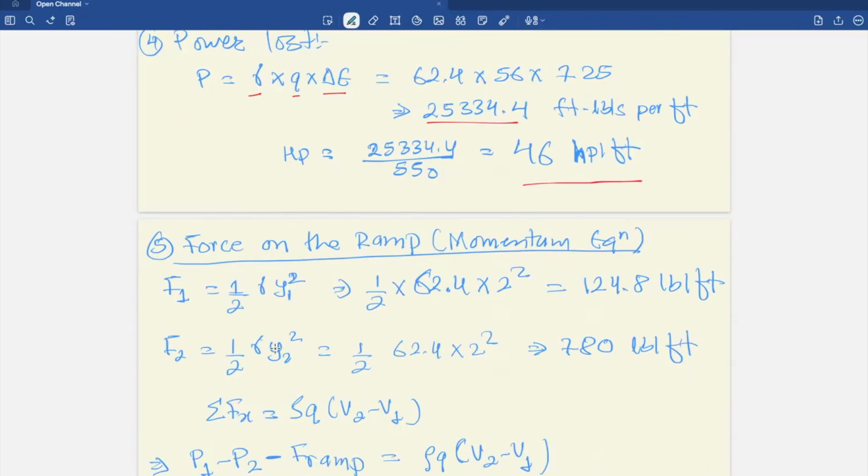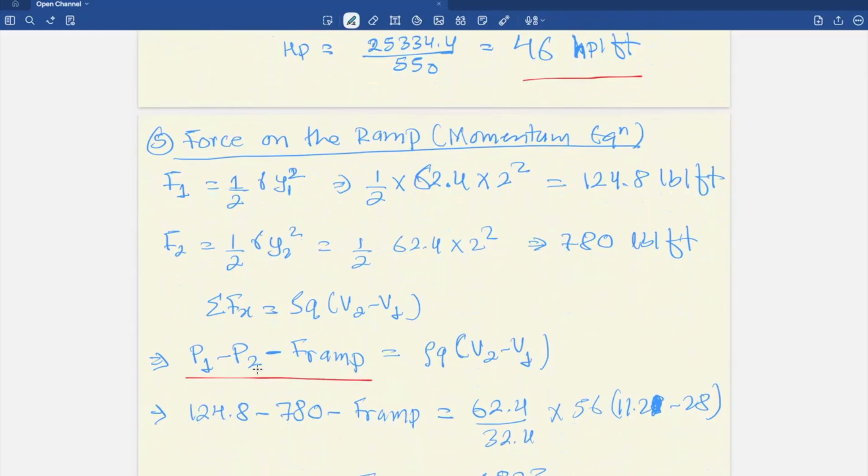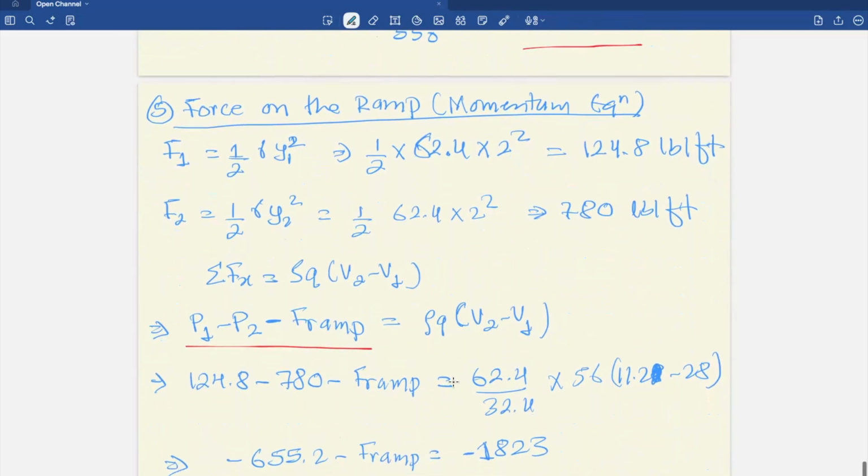So let us compute the force on the ramp using the momentum equation. The momentum equation will be P1 minus P2 minus F ramp, which will be equal to density times Q times V2 minus V1.